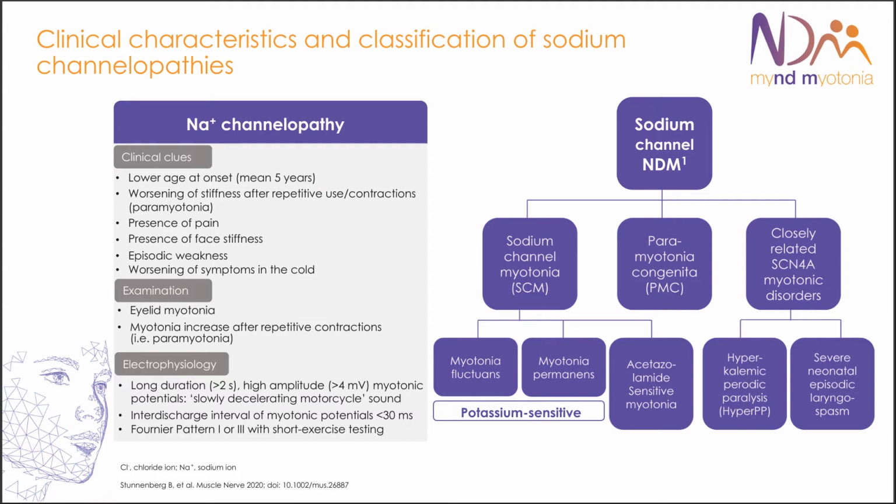Closely related to the SCN4A myotonic disorders is hyperkalemic periodic paralysis, which may be accompanied by myotonia, either paramyotonia or just a myotonia after physical effort. Also, severe neonatal episodic laryngospasm is a closely related SCN4A disorder.